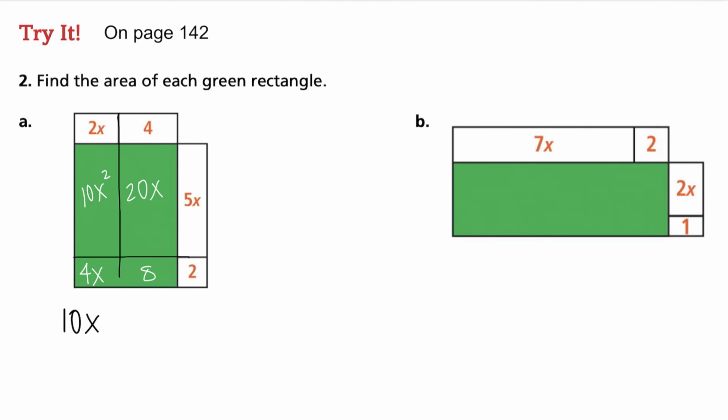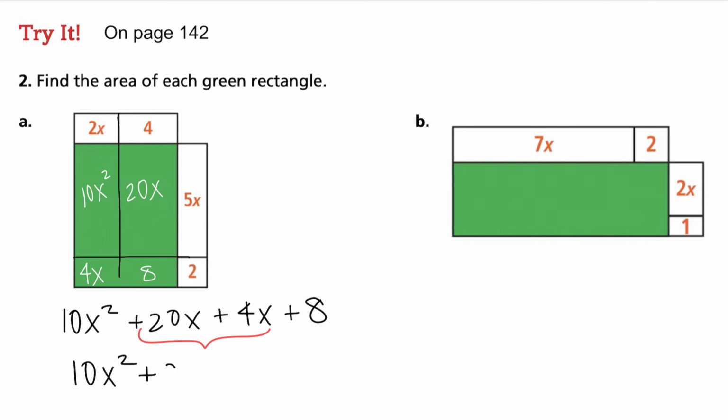Then since I have 4 green sections, I should end up having 4 different terms. However, because I have 2 terms that are like terms, the 20x and the 4x, once I combine them, I get my final answer written in standard form that the area of the entire green rectangle should be 10x squared plus 24x plus 8, and then whatever the units are squared.